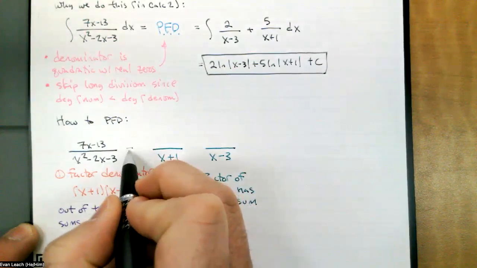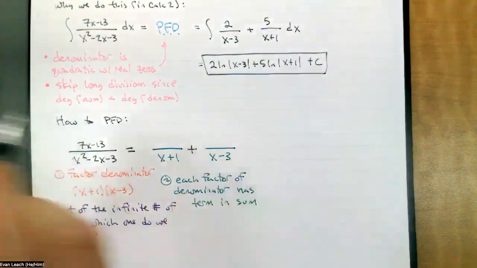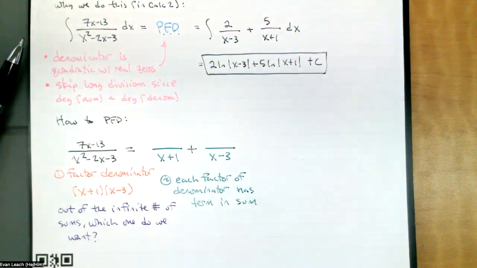Each factor of the denominator has a term in the sum.